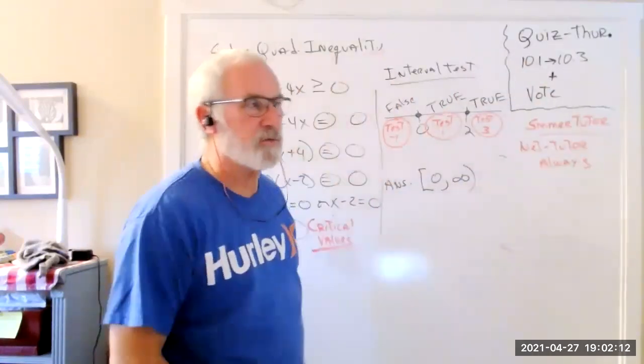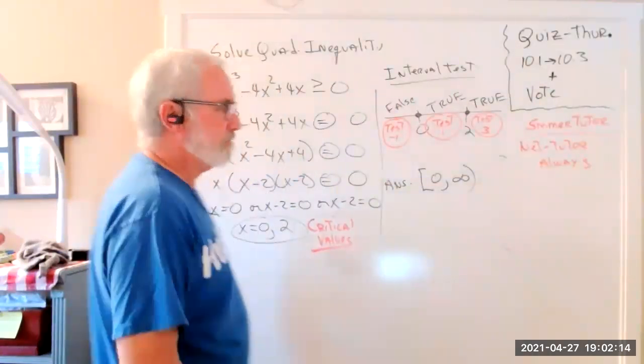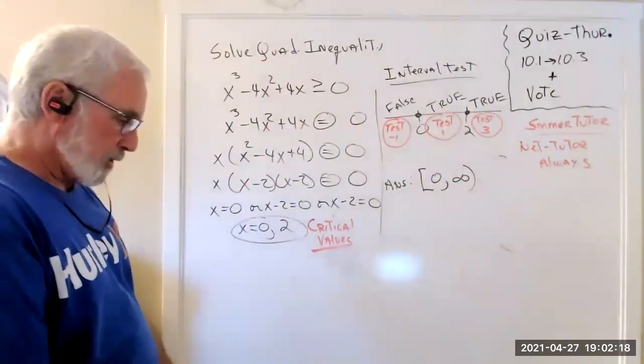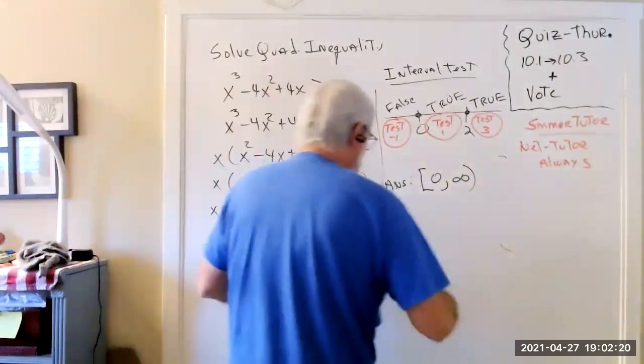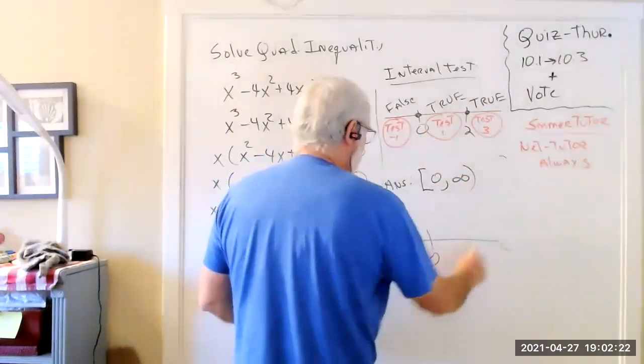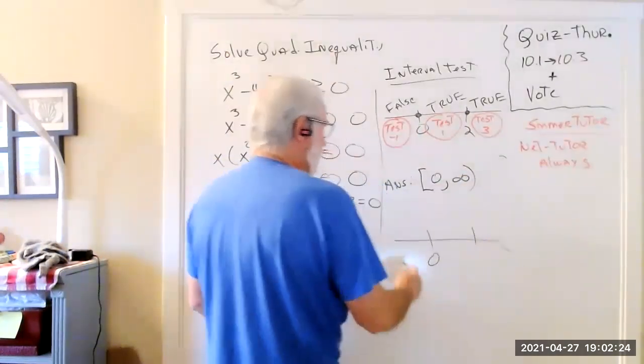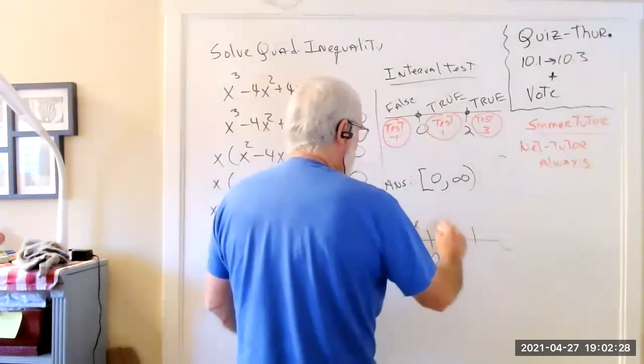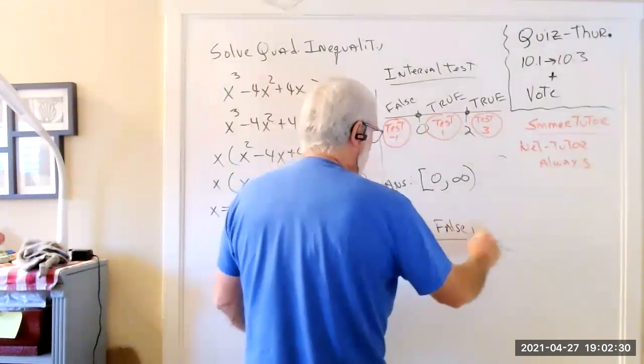So 0 to infinity. In the one on the quiz, I forget, the pattern was true, false, true on the one on the quiz.